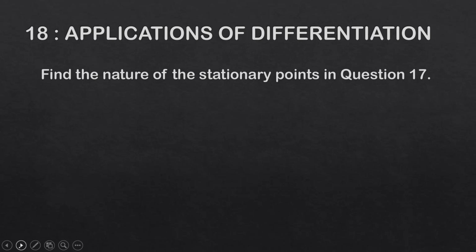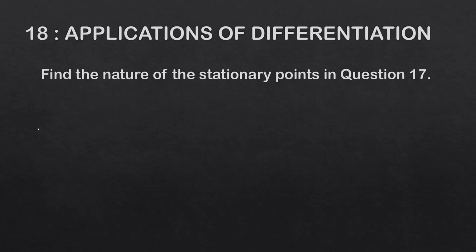In number 18, we say, find the nature of the stationary point in 17. I have also done questions on finding the nature of stationary points. So you can also go back and check the video and try to solve your own and determine what your answers are.